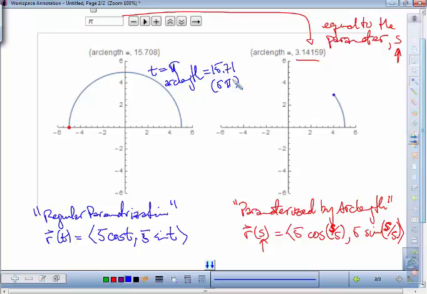So it turns out that circles and helix curves are nice to play around with in terms of getting some arc length information down. All right, I think we've talked a little bit more than I wanted to about this stuff. So let's move on to our next topic, curvature.